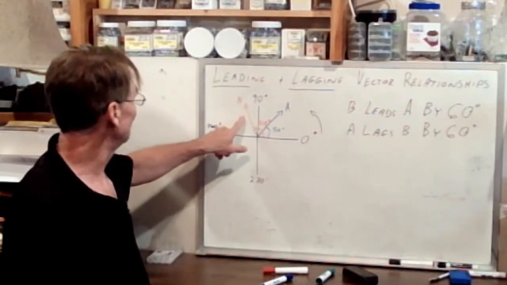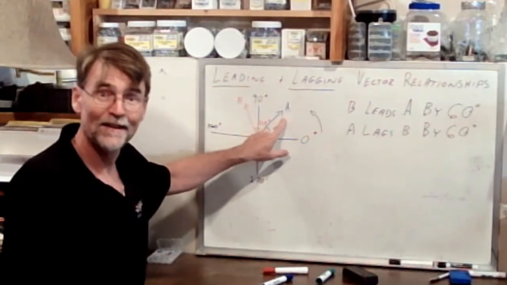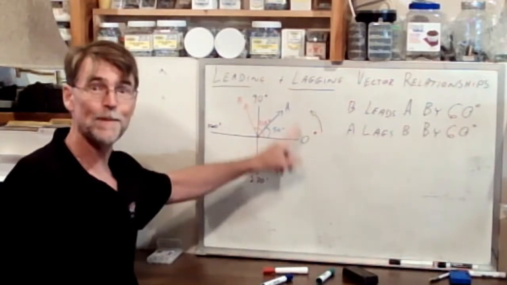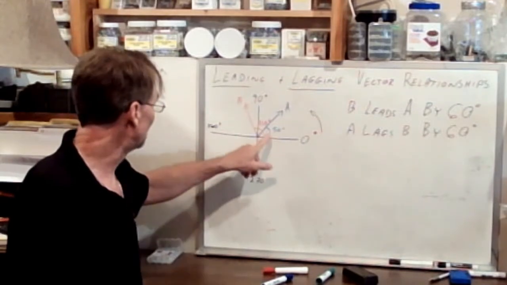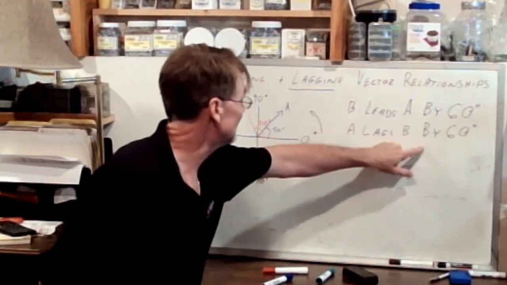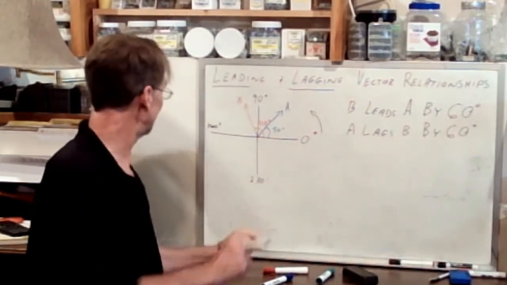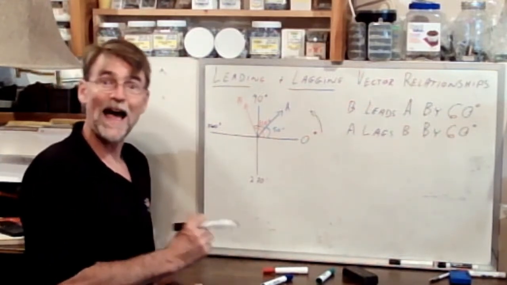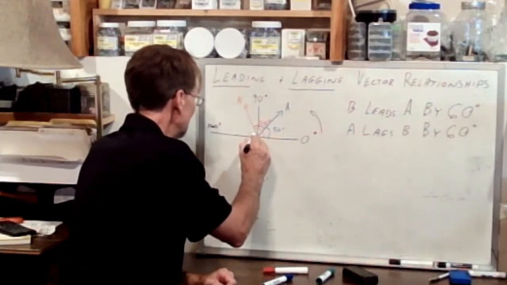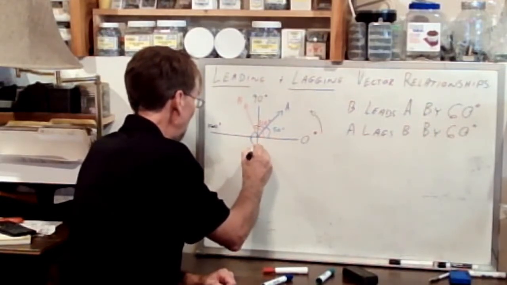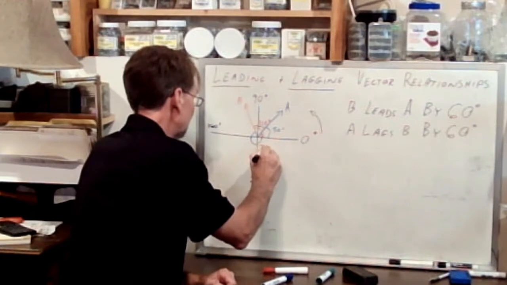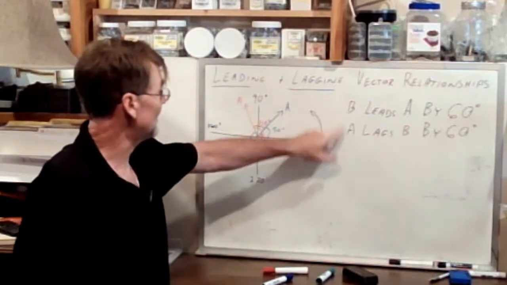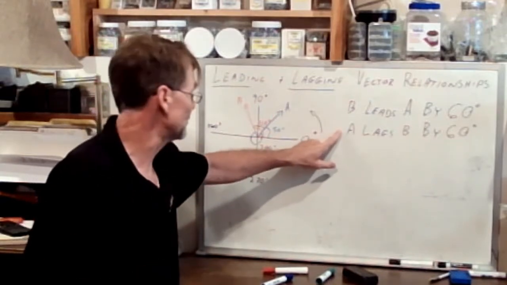While it looks like B is leading A, it may be true that A is actually catching up to B and about to lap him. Perhaps the actual angle of interest is from here all the way around to there, which is 300 degrees.